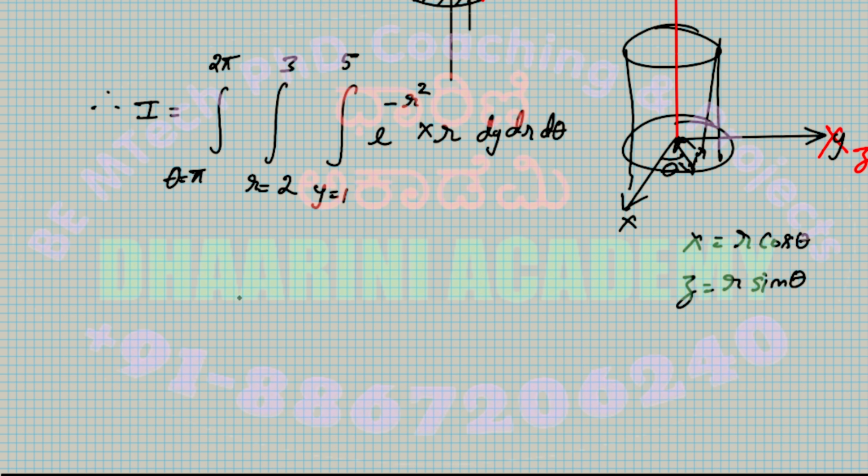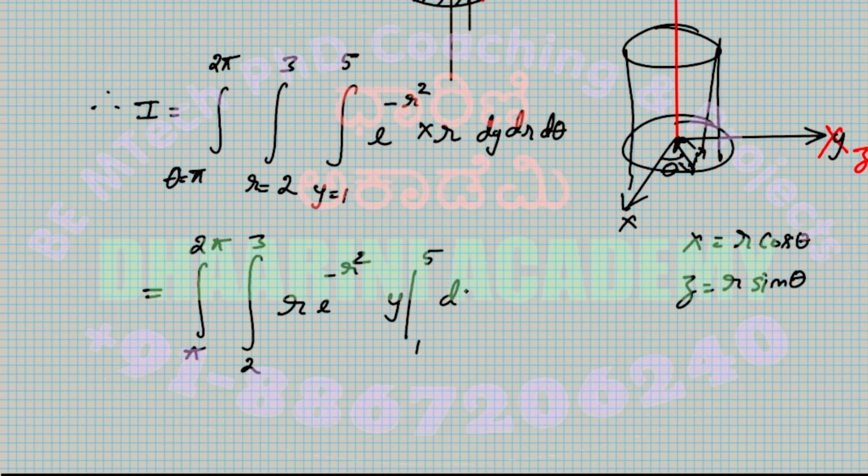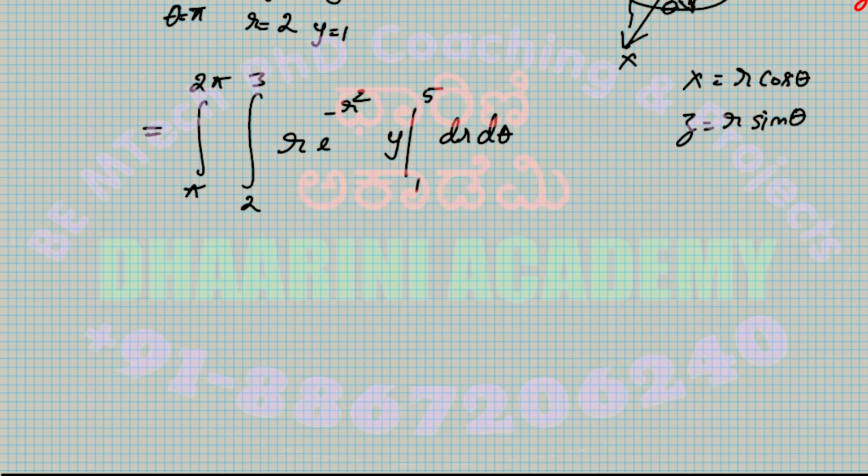Okay, so let's try to solve this. Theta goes from pi to 2 pi, r goes from 2 to 3. I'm retaining r into e to the power minus r square as it is. There is no y, so y comes into the picture with limits 1 to 5, then dr d theta. So y becomes 5 minus 1, which is 4.